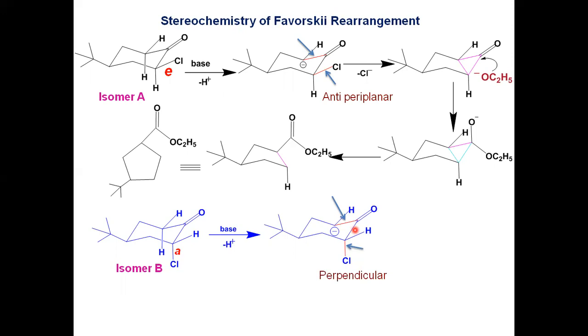So in this condition, elimination of chlorine is not possible and formation of the cyclopropanone ring is not possible. That means the preferred conformation for the Favorskii rearrangement is the one in which the cyclohexanone ring contains an equatorial halogen atom.